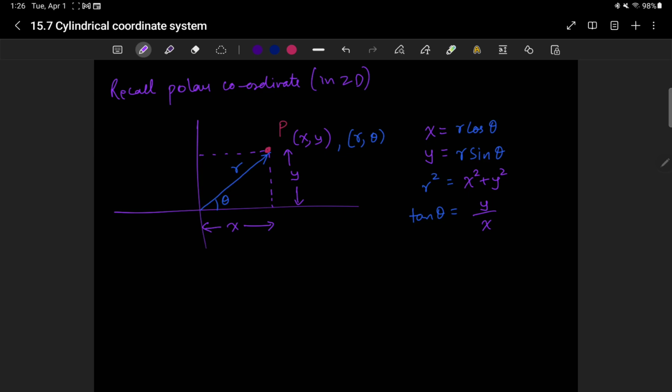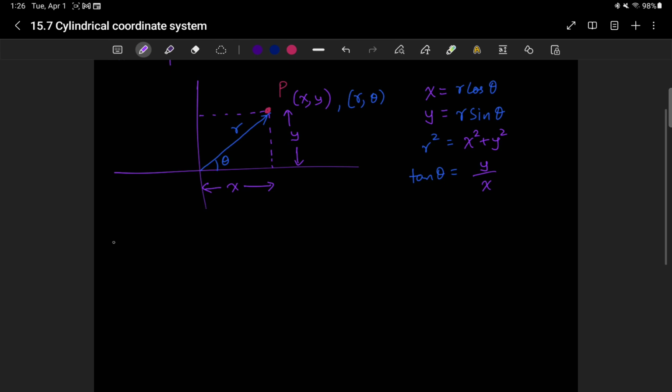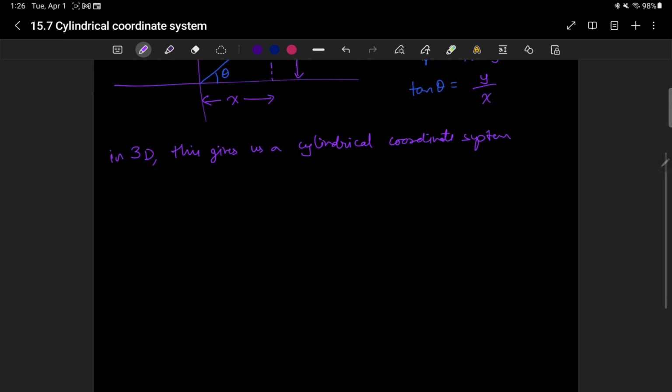Now this same idea, when translated into 3 dimensions, gives us a cylindrical coordinate system. So what is that?